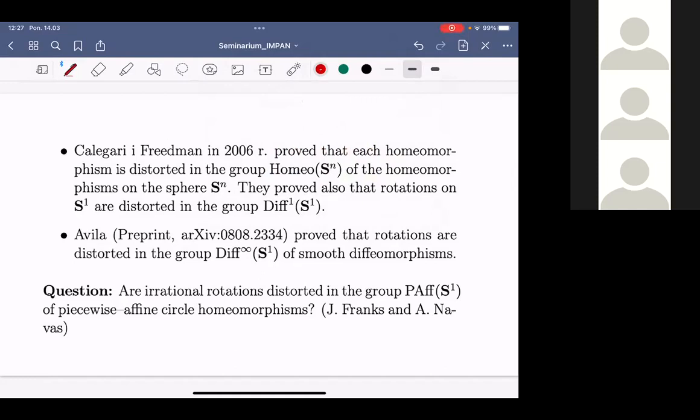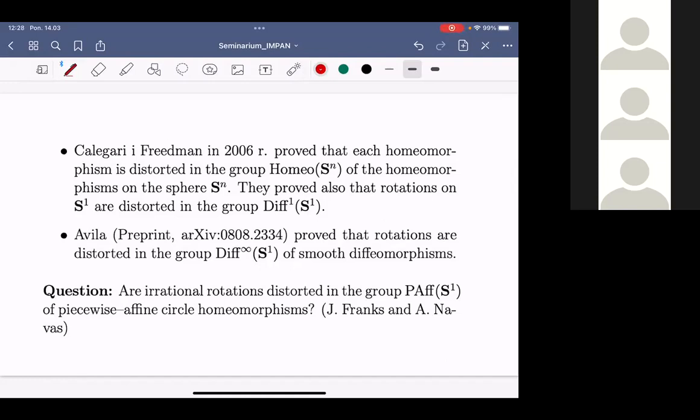Namely, he defined a diffeomorphism on the interval, and divided this interval into countably many disjoint subintervals, and on each of these intervals, in some sense, in a very clever way, he was able to code the subsequent iterates of this homeomorphism, the distortion of which he was looking for.